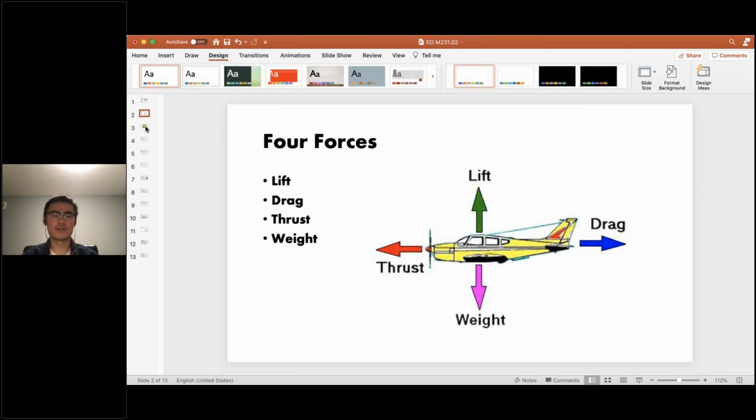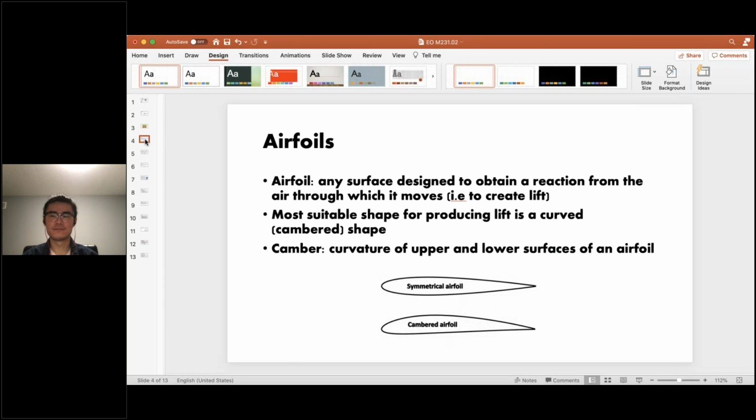So going back to the previous slide, you have to accelerate enough so that you're creating more lift, so that it cancels out weight to be able to actually float in the air. Okay, so airfoils.